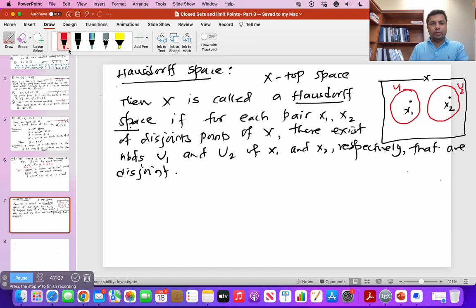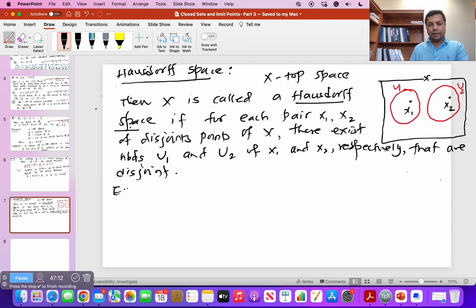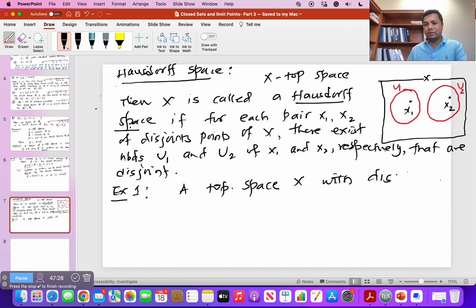Now let me give you a couple of examples here. Example number one: a topological space X with the discrete topology.